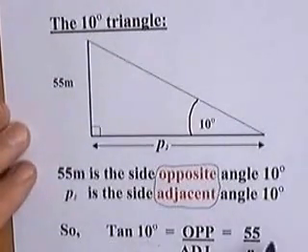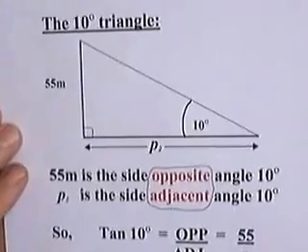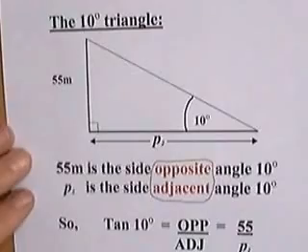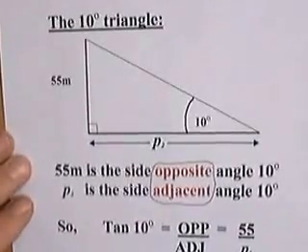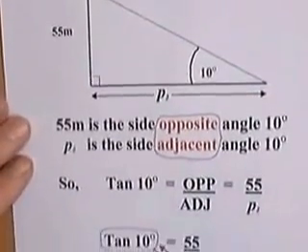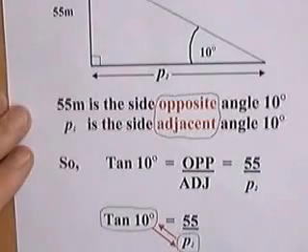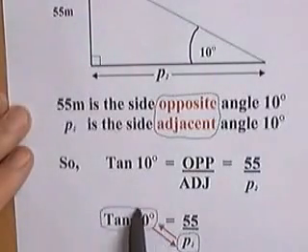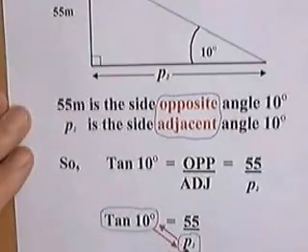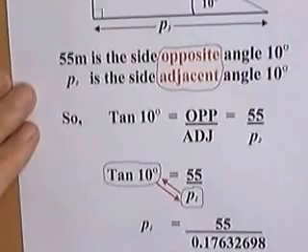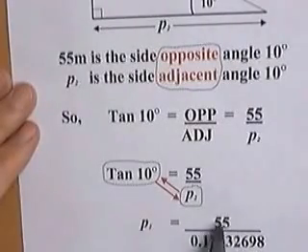The tan of 10 is 55 over P2, so it's 55 divided by P2, and again we can use a very good piece of cross multiplication. We can multiply the P2 up to the top over here, and we can multiply this tan 10 degrees down to the bottom here, and the equation we have to solve is that one there.